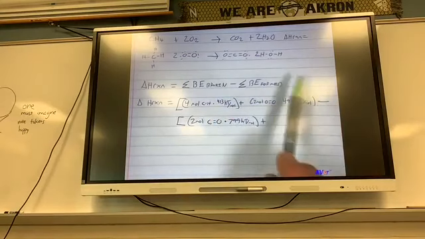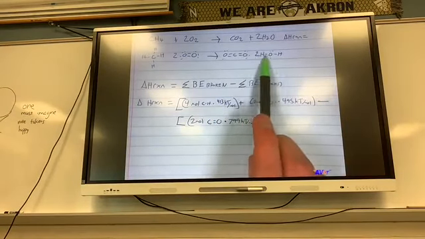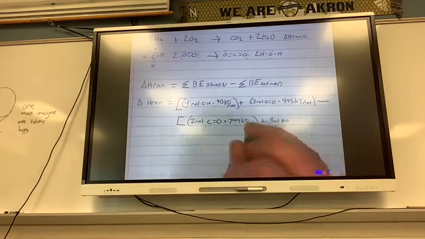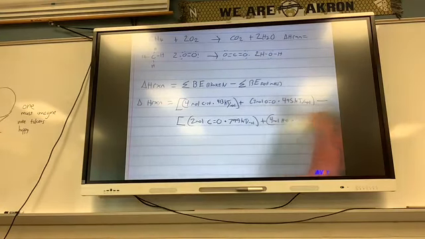Plus, I have 4, because I have HO times 2, I have 4 moles of H to O bonds. So this is the ho, ho, ho, ho. That was a Santa joke. Times HO is 467 kilojoules per mole. The sum of that.